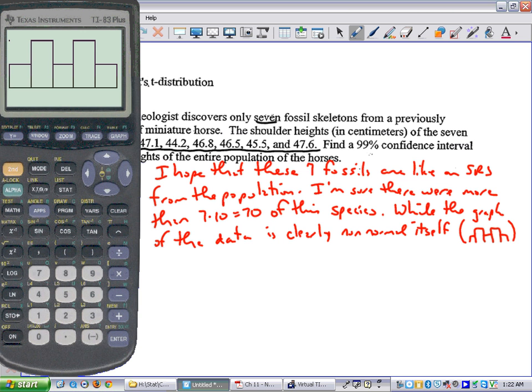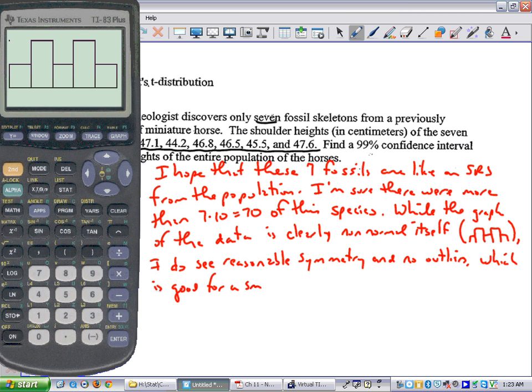Since it's clearly non-normal itself, I do see reasonable symmetry and no outliers, which is good for a small sample size.